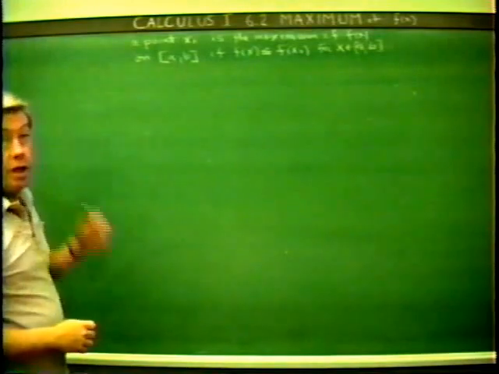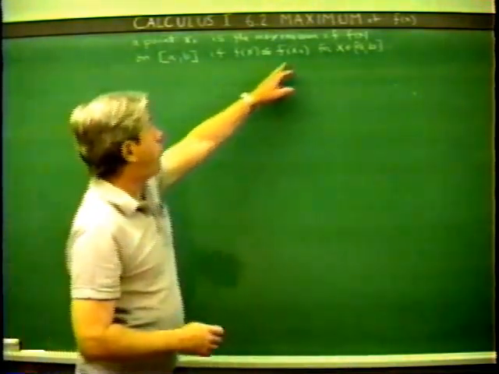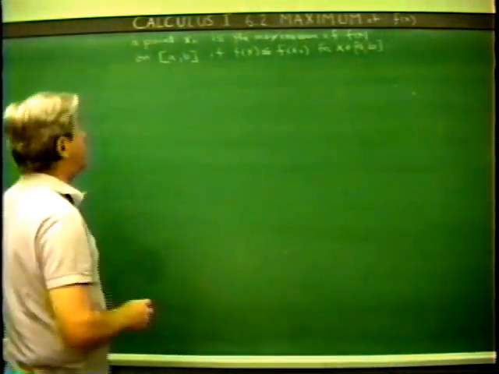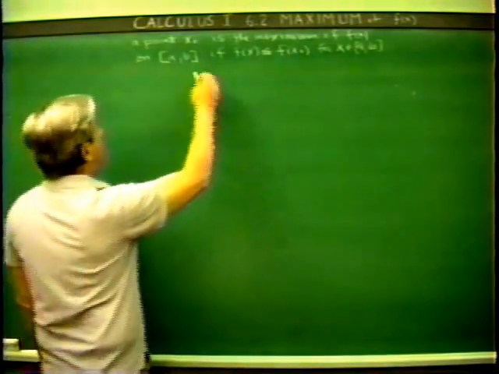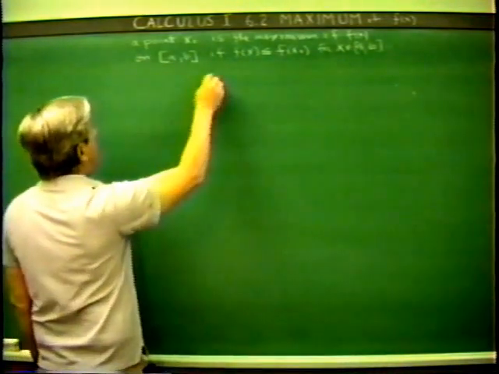If f of x is strictly less than f of x naught for all x except for x naught, then it's said to be a strict maximum.